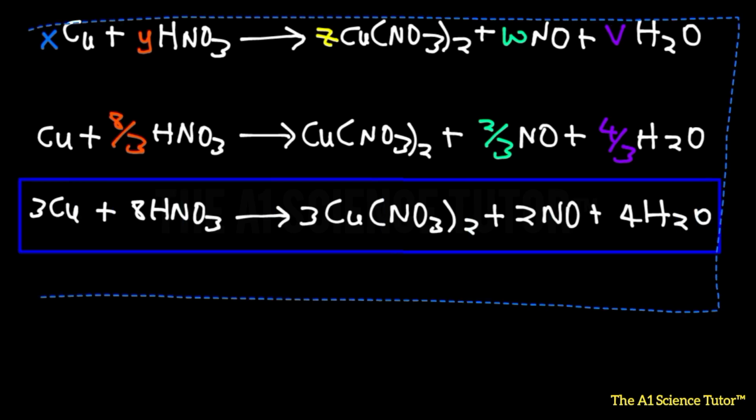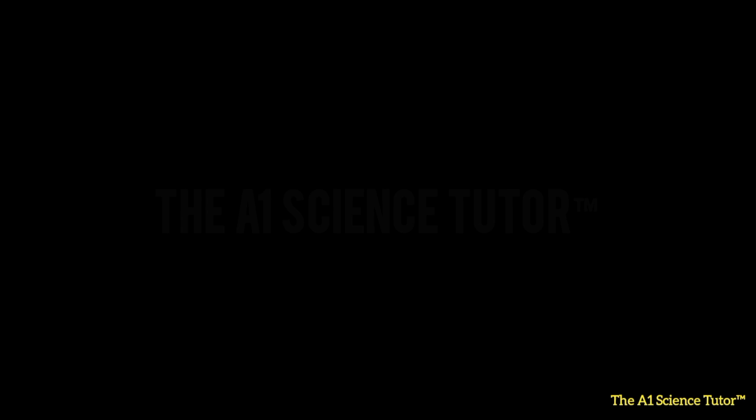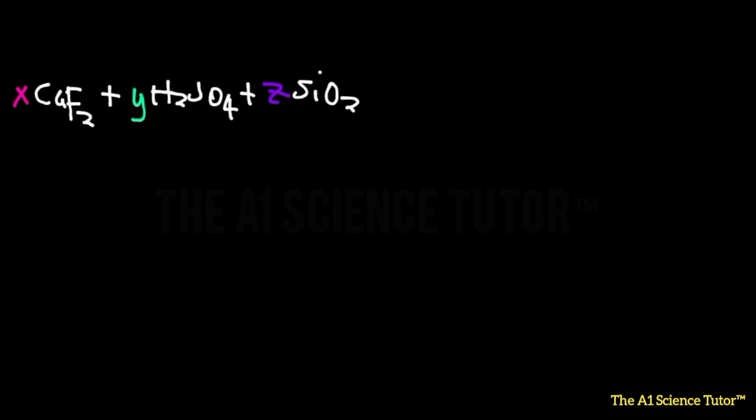Now let us move on to the last one. Now for the last one, you have X moles of calcium fluoride plus Y moles of sulfuric acid, and we got Z moles of silicon oxide, and this will be equal to W moles of calcium sulfate, plus V moles of silicon fluoride.